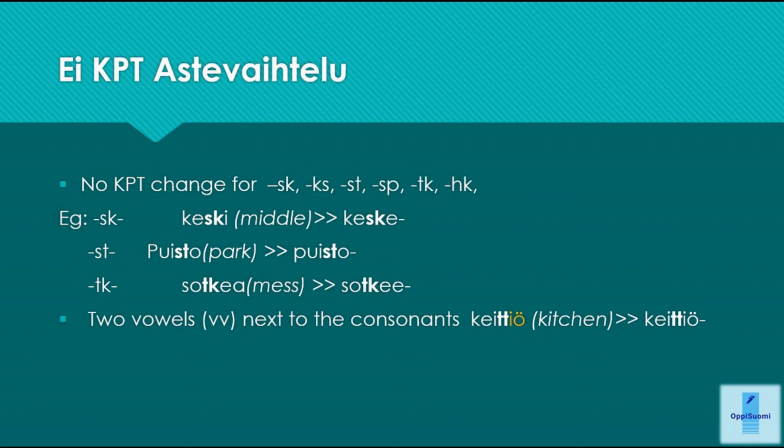And esteen, puisto, no KPT change. And for sotkea, there's no KPT change for that also. And remember that if there are two vowels next to the consonants, there is no KPT change at all. Example, keitiö, there are two vowels after the consonant t, and it will not change.